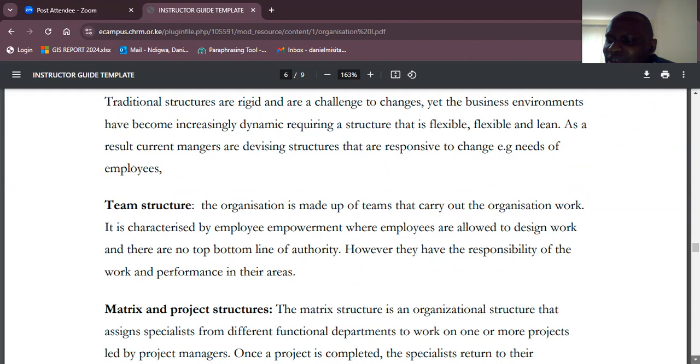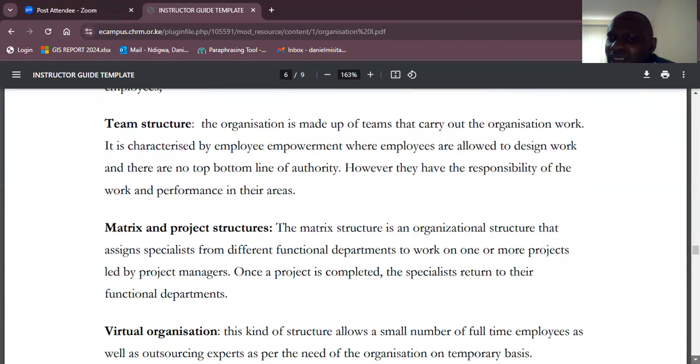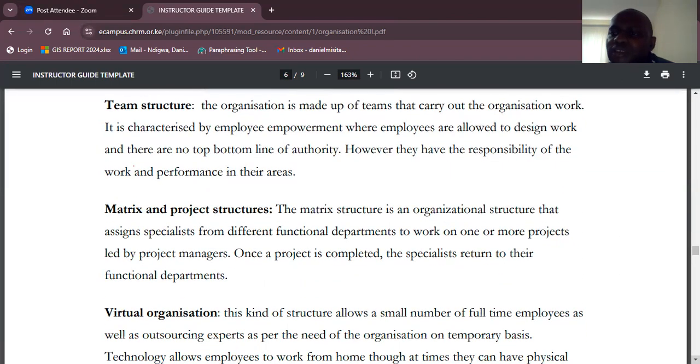Then the other common structure that managers are looking at is the matrix and project structure. In a matrix structure, they try to combine two structures. For example, they will combine the functional structure together with the project structure, where we have different projects within the organization, and every project reports to a certain project manager. But at the same time, within those projects, we also have functional managers.